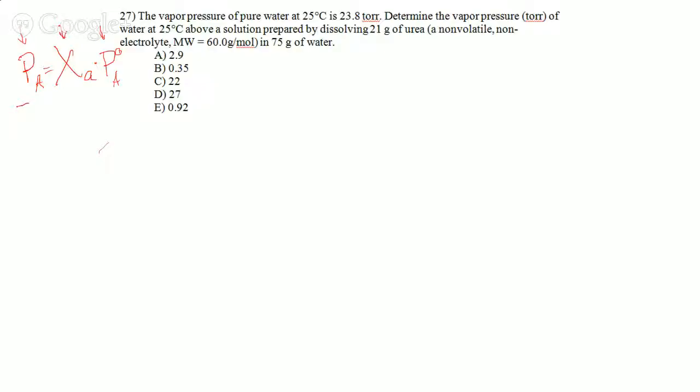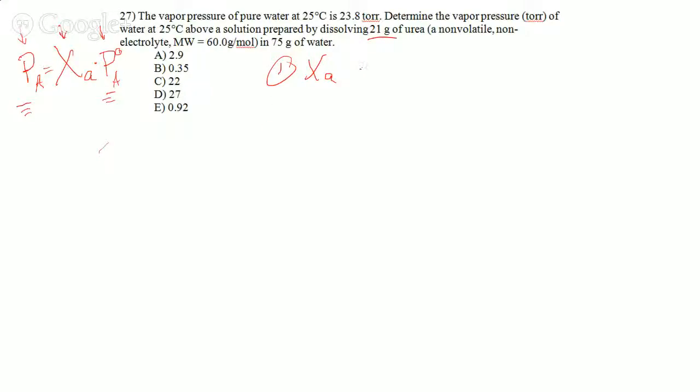All right, well, let's figure it out. They want to solve for the pressure. They tell us the standard pressure for pure water. So first step is we're going to have to solve for XA, right? We're going to have to solve for the mole fraction. Well, how do we go about doing that? Good question. Brain fart. So first thing that you got to do is they tell you grams.